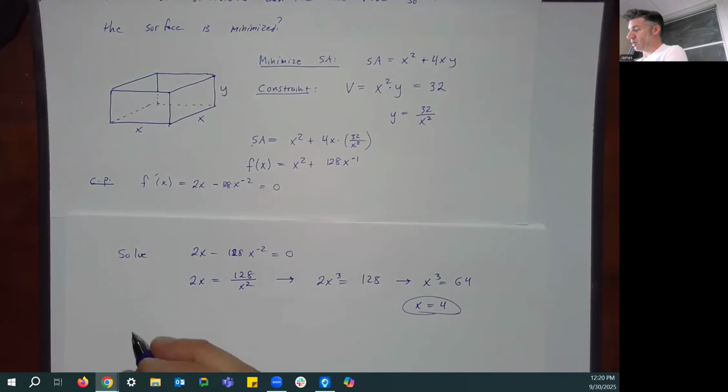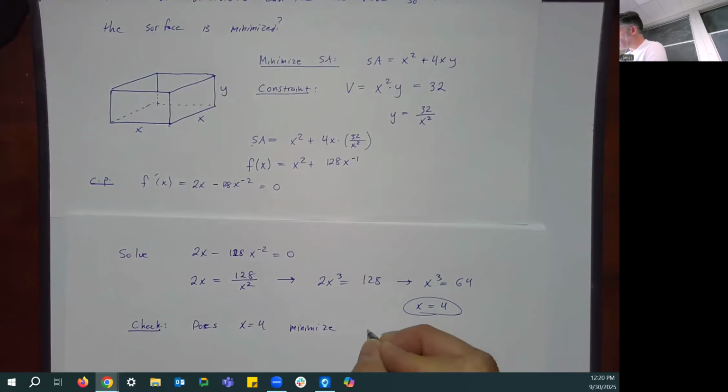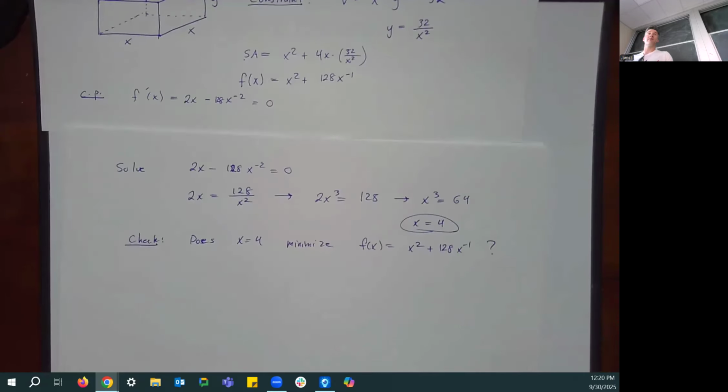So we're going to check, does x equal to 4 minimize the function f of x equal to x squared plus 128 times x to the negative first? So the way we're going to check this is by using the second derivative test.